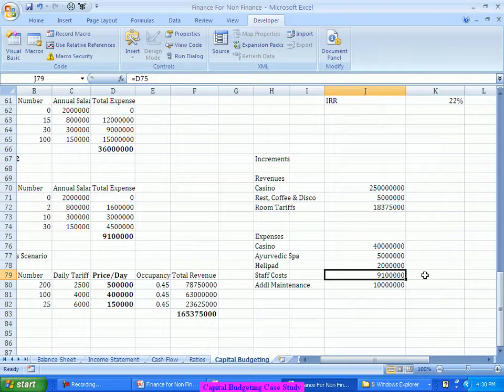What is happening on your revenues? Casino is giving 25 crores of additional revenue, which is very huge. But in how many years?